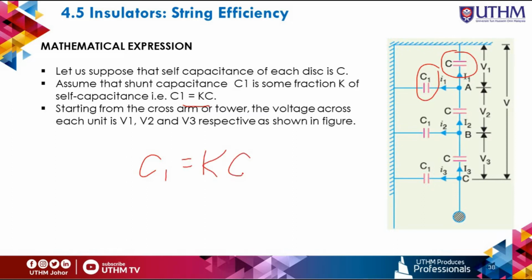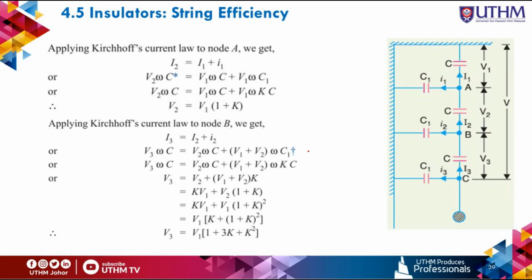Starting from the cross arm or tower, the voltage across each unit is V1. This one is the cross arm, and here is the tower. We start with the cross arm, so the first one is V1, second is V2, and third is V3.